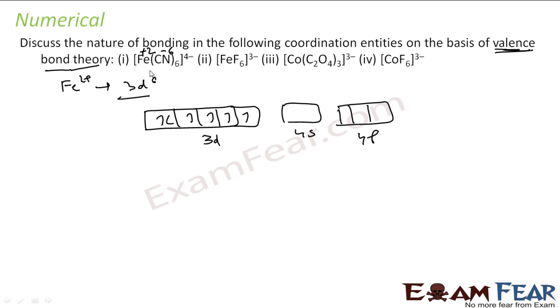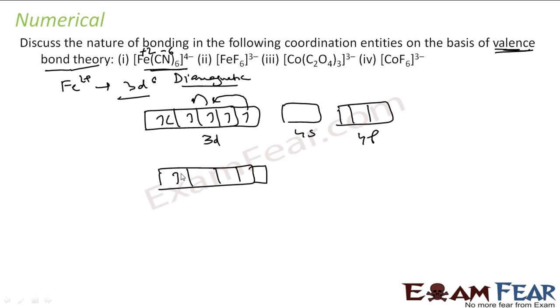Now we know that this [Fe(CN)6]4- is diamagnetic. This is something we know from experiment. That means the electrons have to rearrange, so the new configuration will be in 3d, 4s, 4p.